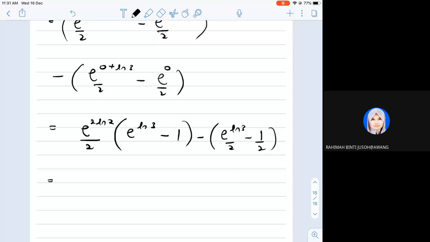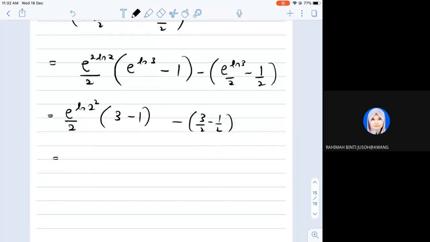So guys, exponent 2 ln 2 should be exponent ln 2 squared, which is exponent ln 4, so 4, over 2. Exponent ln 3 is 3, minus 1, minus 3 over 2 minus 1 over 2.